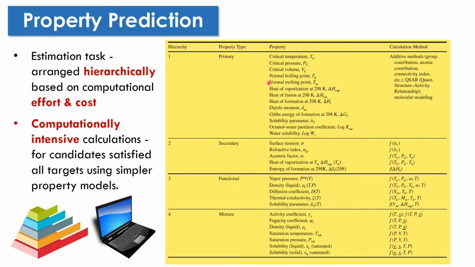In order to check that, for those 1,000 candidates we estimate these two properties, boiling point and melting point. From those candidates, only those whose boiling point is higher than the room temperature and whose melting point is lower than the room temperature will be chosen.